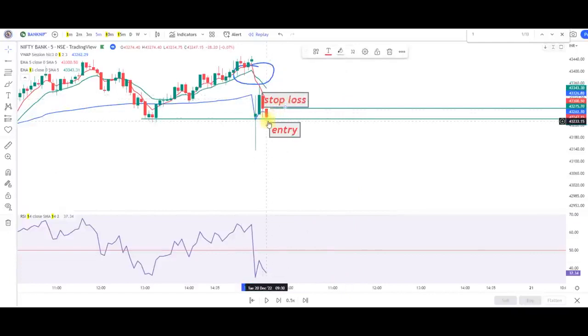So you have to enter into the short trade below this red candle, and the stop loss is above the red candle. You can see here there is one more support here. If the candle is breaking the support zone, you can always enter into the short trade. I clearly explained in my RSI divergence video how to enter into the trade when the support level is breaking down.